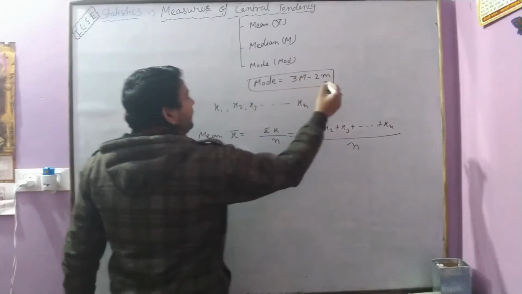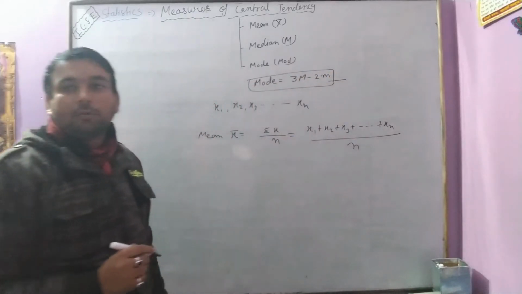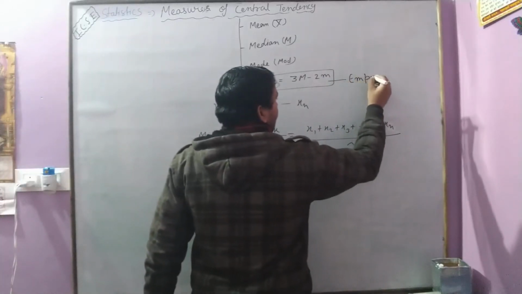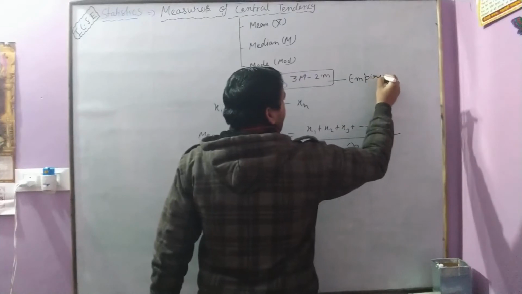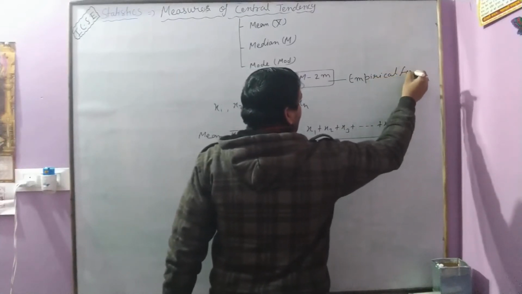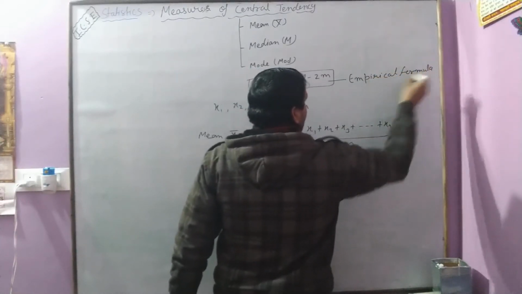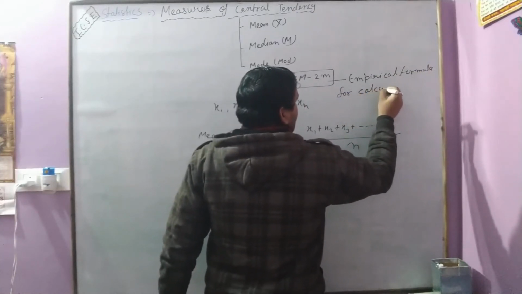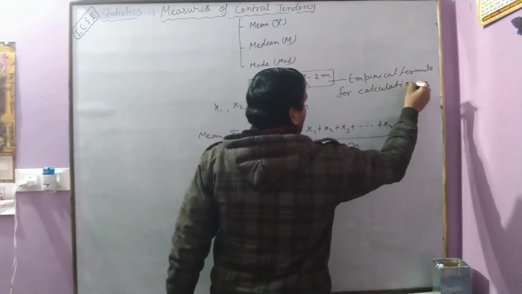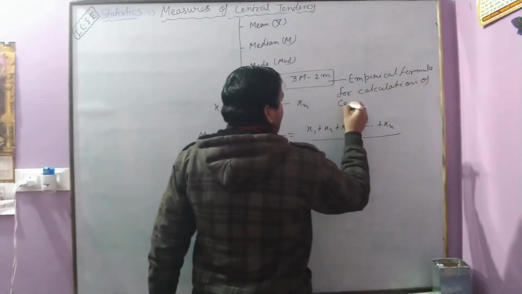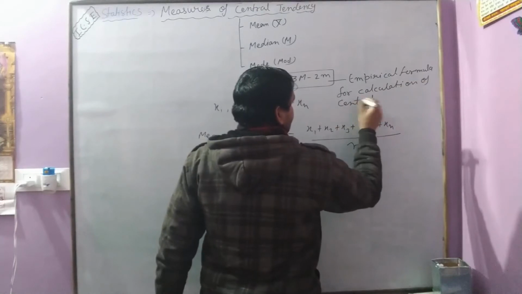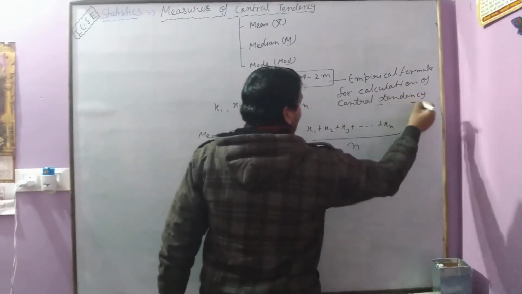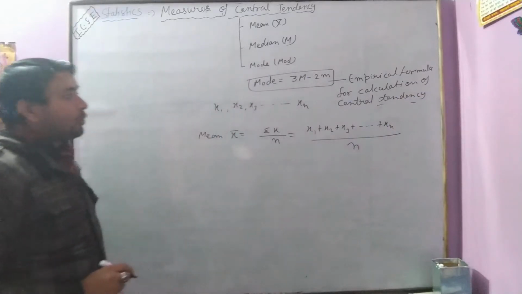This is the empirical formula for calculation of central tendency. Okay, this is an important formula.